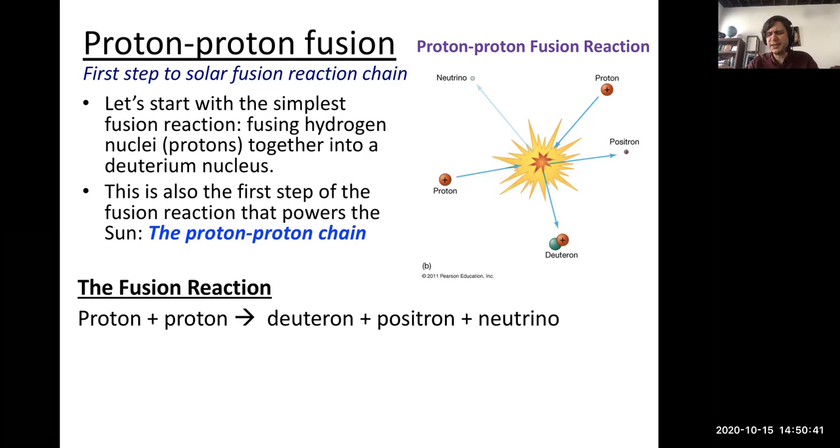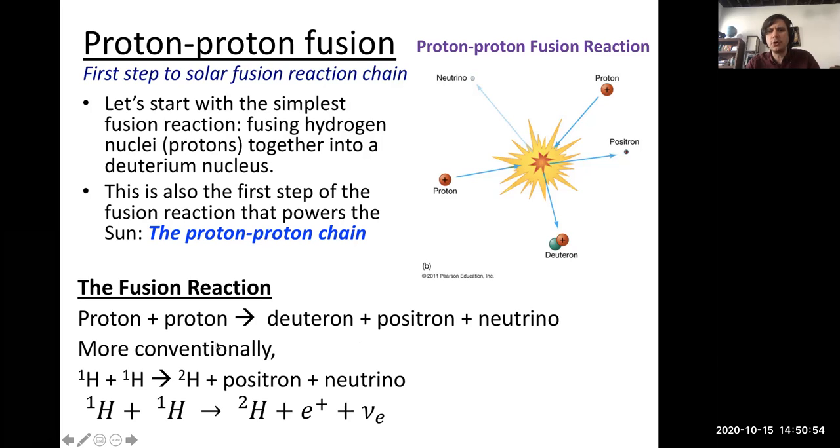However, it gets pretty troublesome to write out all the words: proton plus proton gives you a deuterium nucleus, a deuteron, plus a positron plus a neutrino. So we usually write it in a shorthand notation. More conveniently, you could write hydrogen that has one proton and zero neutrons, plus hydrogen, gives me a hydrogen that has a proton and a neutron. So we put a two there for two nuclear particles, plus a positron plus a neutrino.